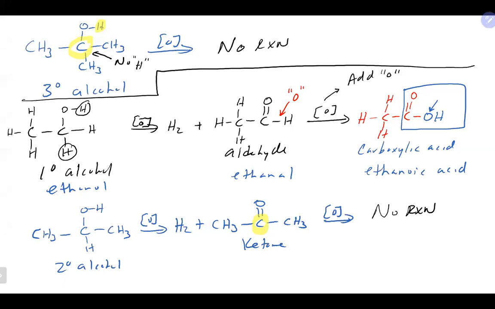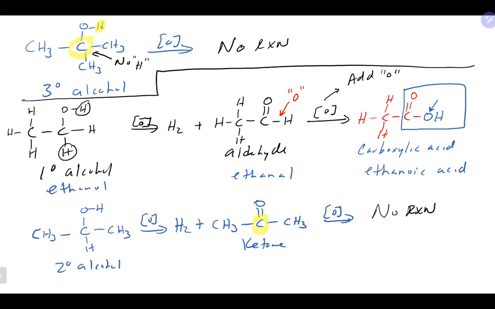So if you do go through the oxidation of, say, an aldehyde and it does work, you will know that you started with an aldehyde. If you do the oxidation step on the, say, other solution and it doesn't work, you will know that that is a ketone.